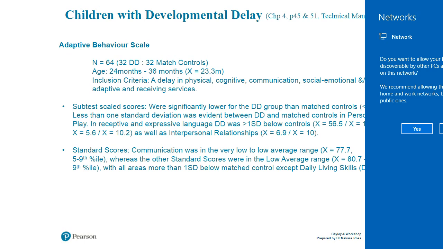Less than 1 standard deviation was evident between developmental delay and matched controls in personal and play. Standard scores for communication were in the very low to low range, whereas the other standard scores were in the low average range, with all areas more than 1 standard deviation below matched controls except daily living skills.